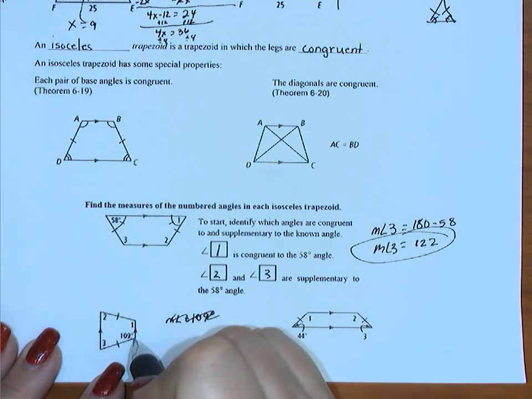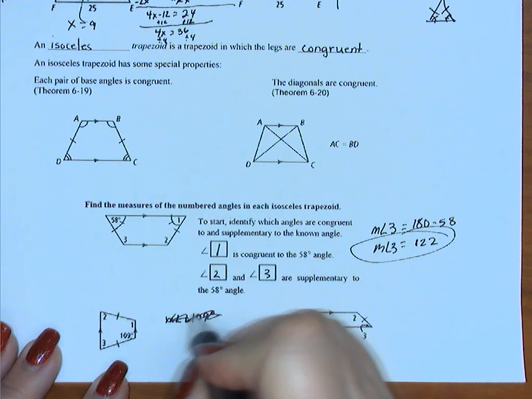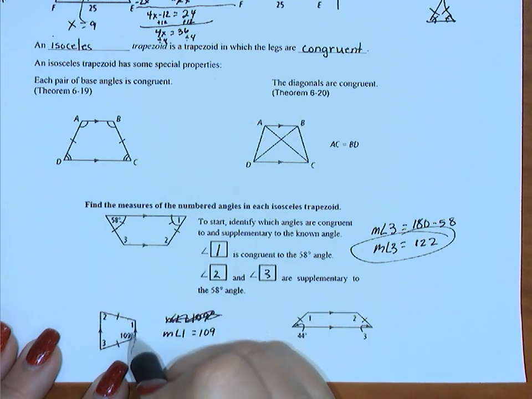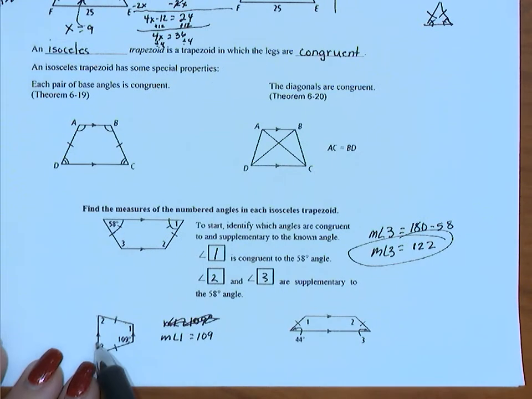These are my bases. Oh yeah, the measure of angle 1 is equal to 109 because these are congruent. These are also congruent. So these two angles plus these two angles equal 360 degrees, but the consecutive angles are supplementary, right?